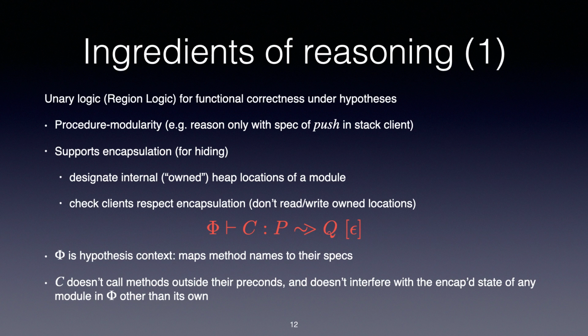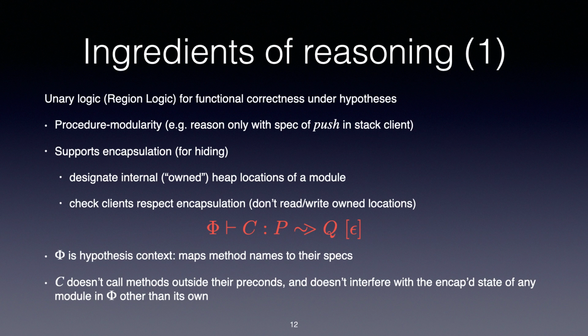Okay, and so the unary logic has this kind of judgment, which says that phi is the hypothesis context, which means that it maps method names to their specs.